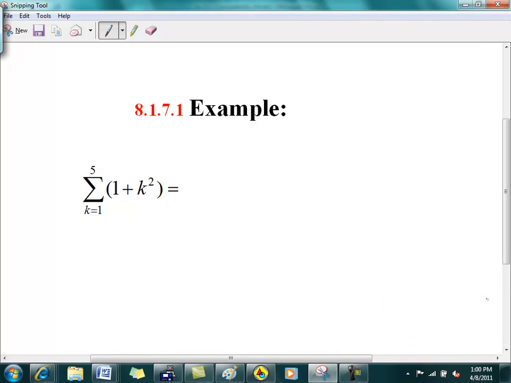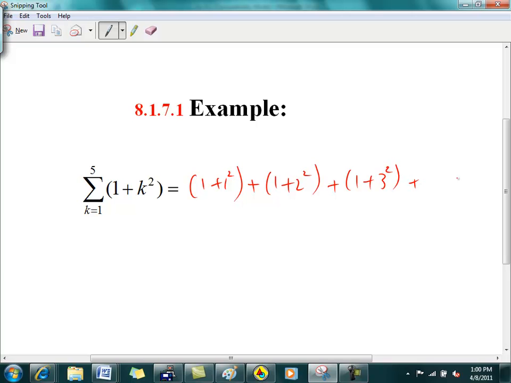All right, so what does this mean? You're going to start out with k equals 1, so it would give you 1 plus 1 squared. Does everybody see that? The next one is going to be 1 plus 2 squared. And then the one after that, Keith? 1 plus 3 squared.